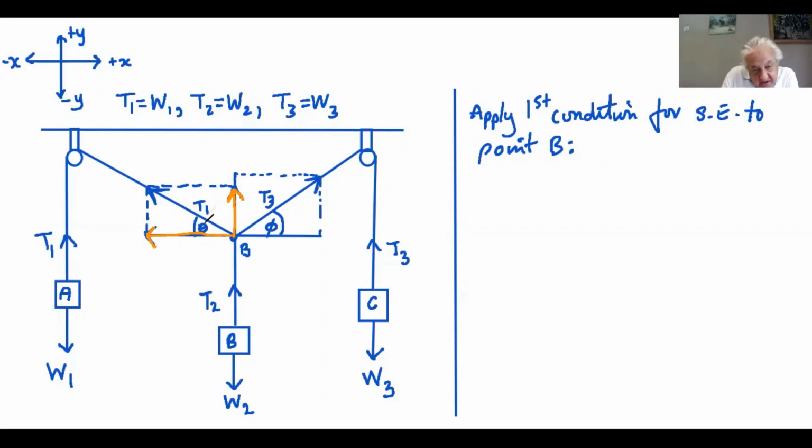Right, so this is T1, this is the adjacent. So this is T1 cos theta. And this one is the opposite over here. So this is T1 sine theta. This side, T3, again the diagonal of a rectangle.